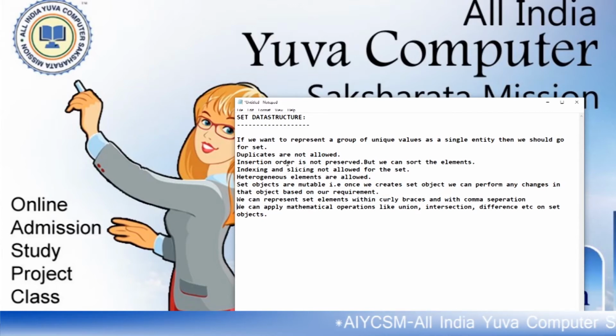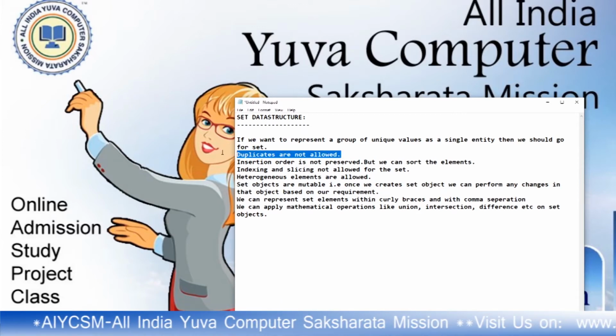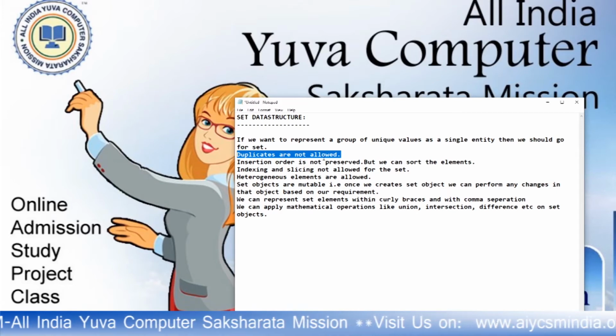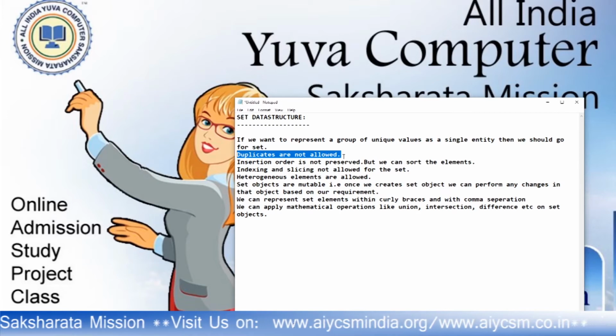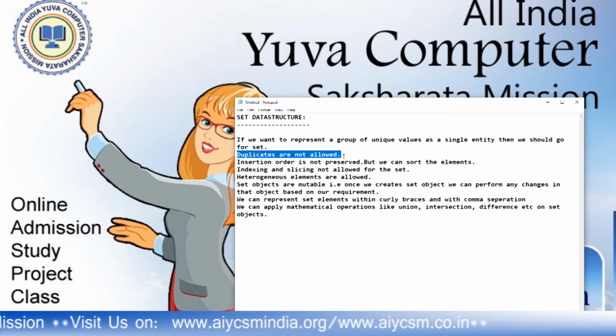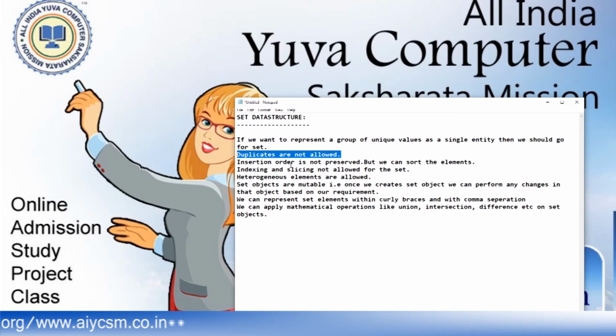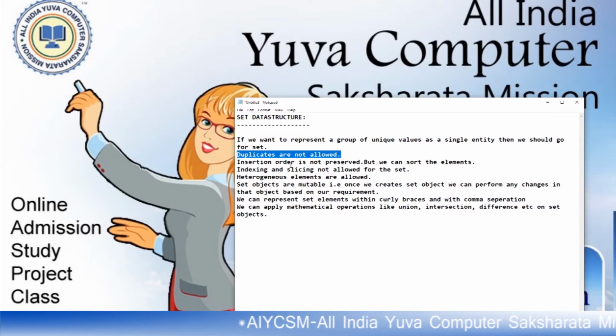So, if you want to represent a group of unique values as a single entity, then we should go for set. Duplicates are not allowed. This is very important. In list and tuple duplicate elements are allowed, but here you cannot introduce duplicate elements, and insertion order is not preserved. But we can sort the elements. Because insertion order is not preserved, if you run a set, the first time you will see that 10 is at index 0, and after you run it again you may see that 10 is at index 4.